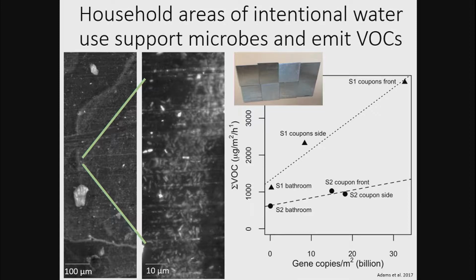And when you zoom in on these films, this ribbon of film is revealed to be a ribbon of bacillus-shaped bacteria that has grown up on these stainless steel coupons. And we showed that there's a relationship between the total VOCs that are coming off of these coupons and the biomass of the microbes that are on those surfaces, suggesting a link between microbial production of VOCs in your home.